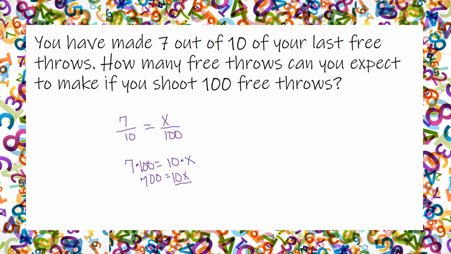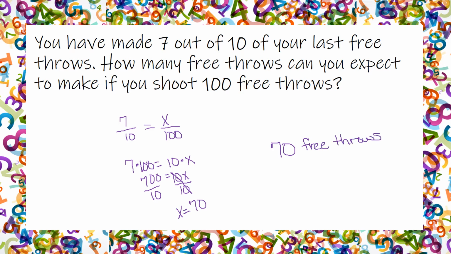So if 10 is multiplying by x, we need to do the inverse operation and divide by 10. Over here, 10 divided by 10 simplifies to 1, and you're just left with that 1x. And 700 divided by 10 gives you 70. So that would tell me that this is 70 free throws. Okay, so that is one way to do it.